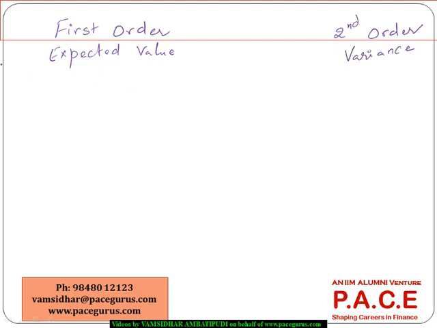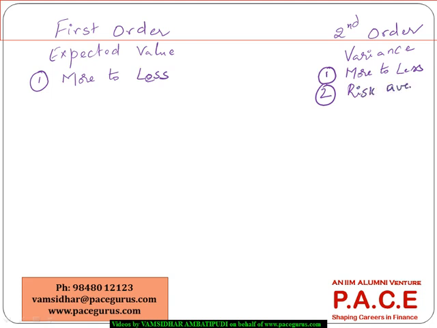A simple way to explain the first order stochastic dominance is, from an investor's perspective, prefer more to less, like a non-satiation kind of concept. Whereas when I talk about the second order, we are talking about more to less along with risk aversion being the behavior. So these two things go together when we are talking of second order stochastic dominance.